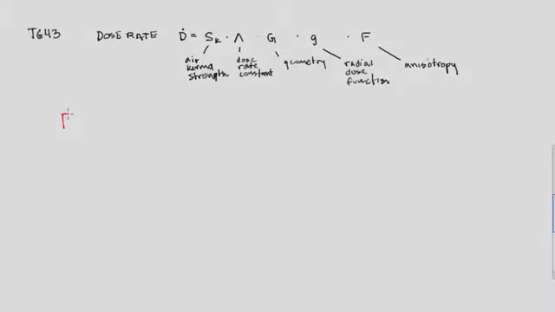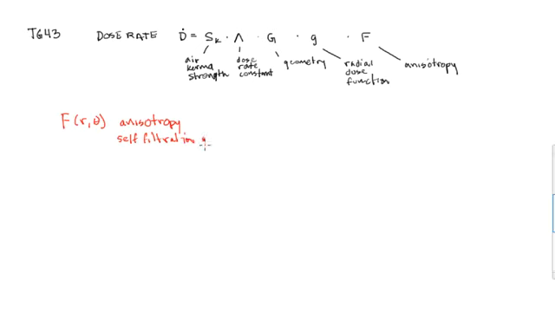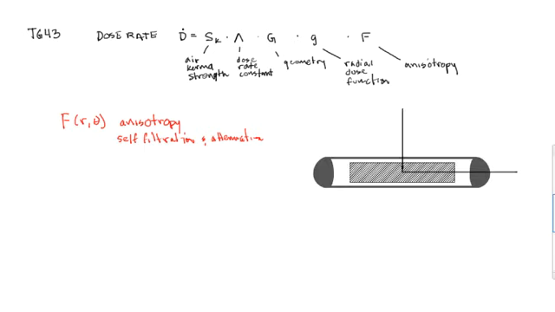All right, now let's go on and consider the last factor, F, the anisotropy factor, which again is a function of the distance r and the angle theta in the geometry that I drew before. So the F factor is strongly affected by self-filtration and absorption, or attenuation rather. Let me try to draw what that means in a picture.